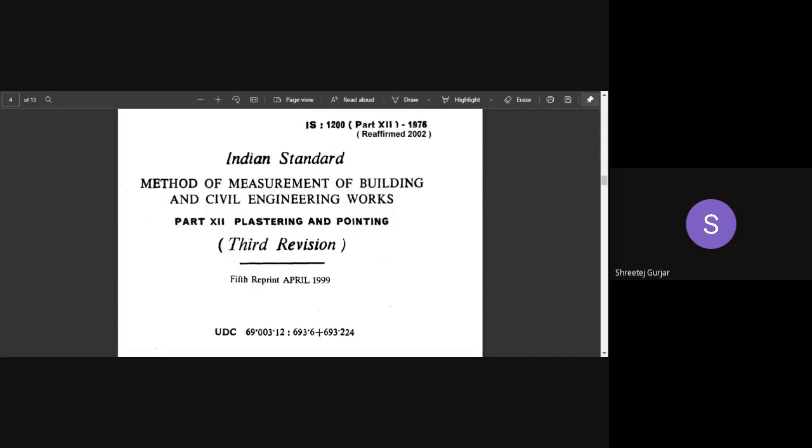If you go to the BIS, Bureau of Indian Standards, website, you can see many codes available. Each and every work has a code for its measurement, and this code is for plastering and pointing.